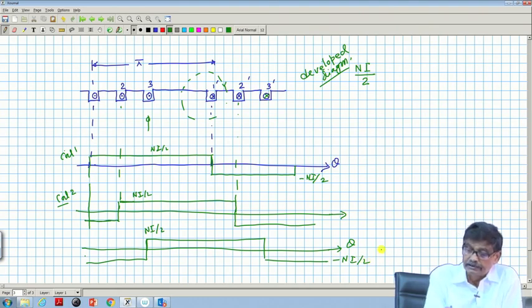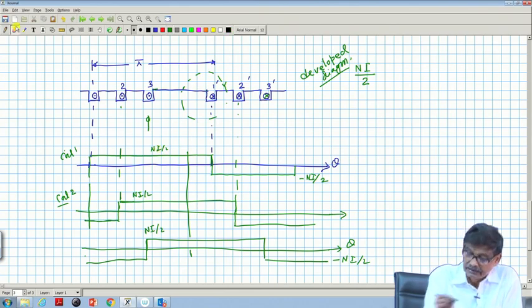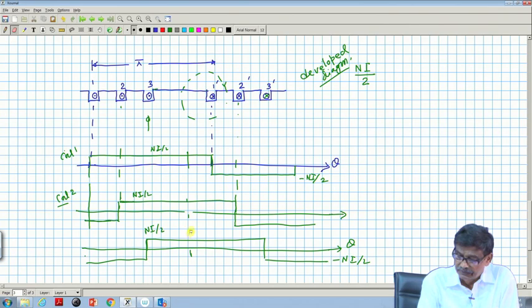So, the resultant field because of this sort of current distribution will be the sum of these 3 waveforms. In this zone here in the middle, you see in this space all are additive, it will be 3 Ni by 2 in this zone. I did not intend to make a line like this. So, it will be like that.